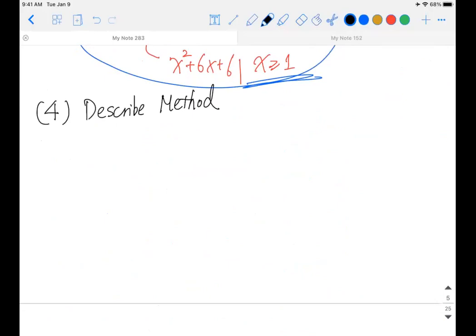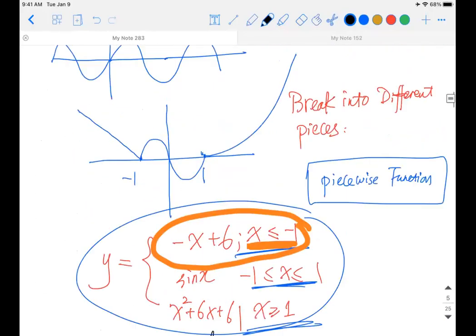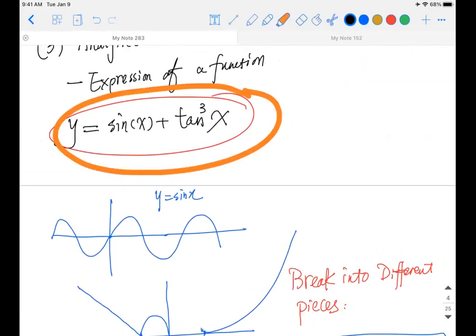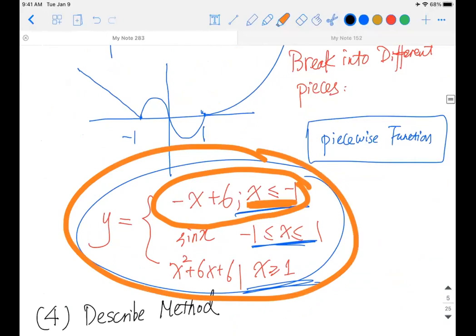What is that? Like I said, for some functions, it is easy for you to give an expression like here, right? And sometimes if it is difficult to give an expression for the entire domain, you can try to break it into different pieces as a piecewise function.